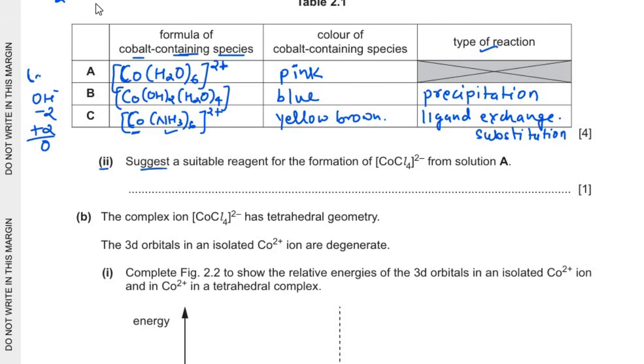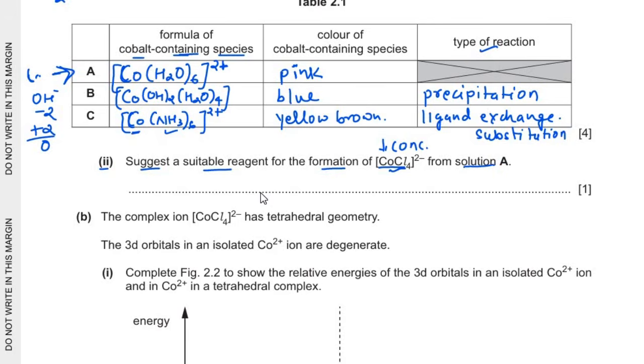Now the second part is, suggest a suitable reagent for the formation of cobalt chloride complex from the solution A. Now if we want to form a cobalt chloride kind of complex, then understand we are going to replace all of the water molecule ligands from the cobalt complex, that is from species A. Then we need a very concentrated solution containing chloride.